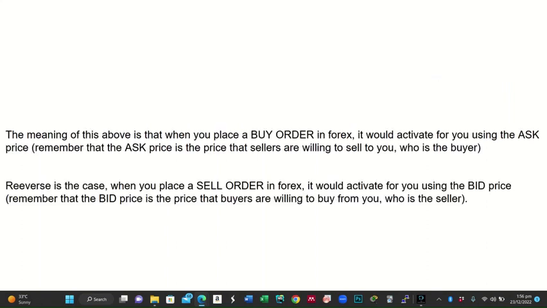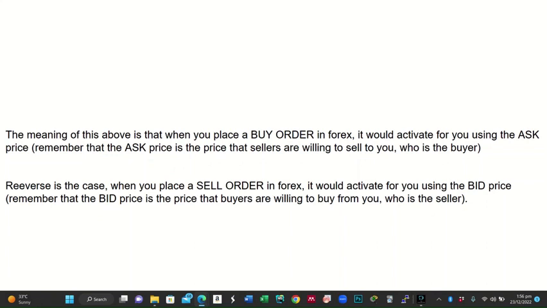So what the above means is that if you place a buy order in the Forex market, it will activate for you using the ask price. Remember, the ask price is the price that sellers are willing to sell to you. Who is the buyer? You are the buyer here and you want to place a buy order in the forex market. Here you are dealing with your broker.